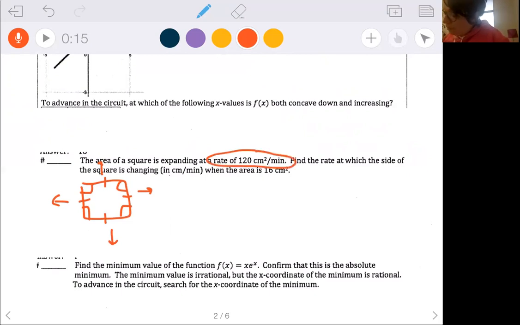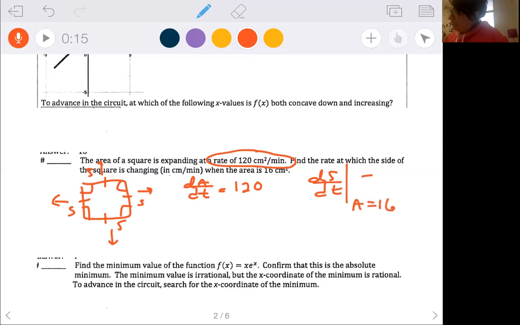So I'd immediately write down what rate I know. I know dA/dt is, and it's expanding, so it's growing, so it's positive. Find the rate at which the side of the square, so I'm looking for ds/dt, let's call that s for side, at the instant when the area is 16.